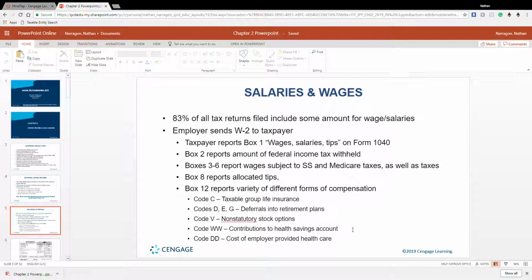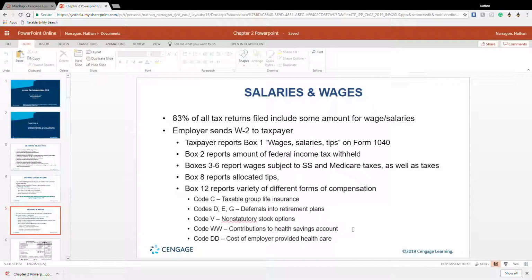And box 12 is probably the most interesting one. Box 12 shows so many different forms of compensation, and knowing these codes actually helps out. You have code C, which of course is taxable group life insurance. Codes D, E, and G are deferrals into retirement plans. Code V, non-statutory stock options. Code WW contributes to an HSA.